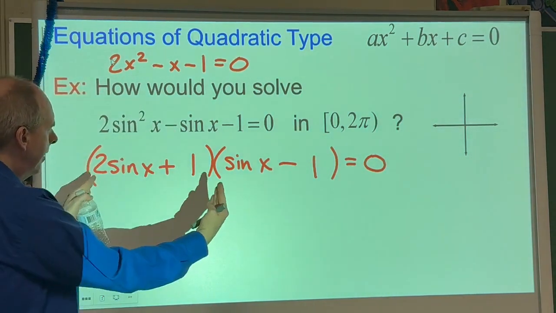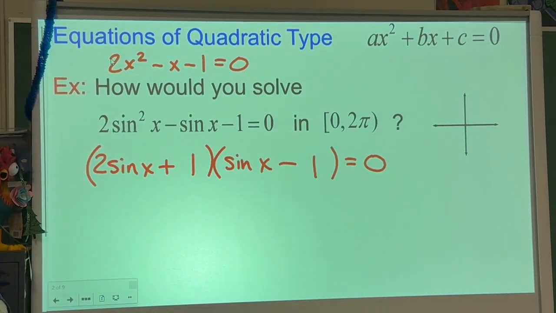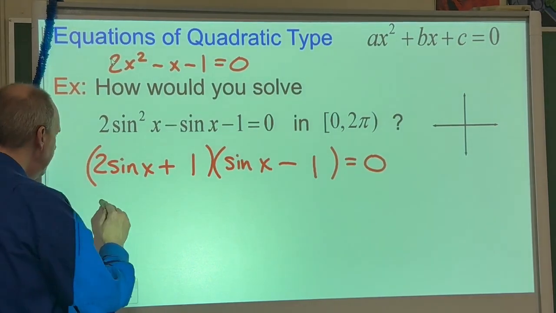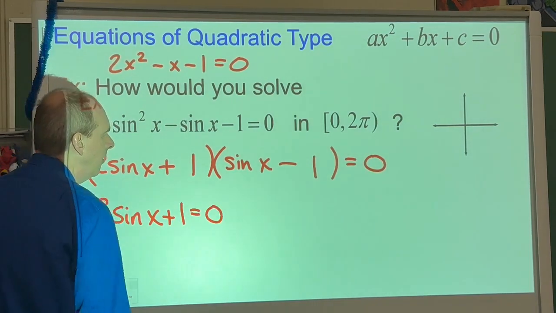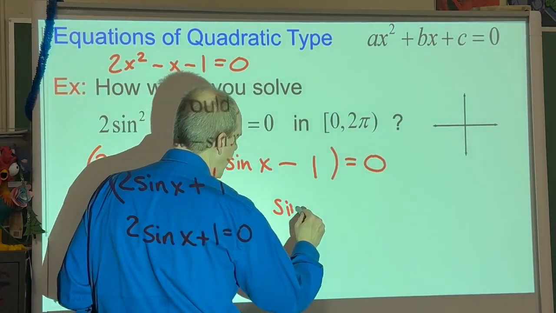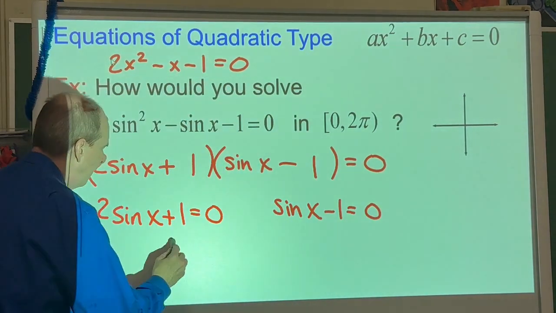What we have now is one factor times another factor that's equal to 0. And if you think back to solving a quadratic, one of the techniques is factoring. You then take each factor and you set it equal to 0. So take my first factor, set it equal to 0, and solve. Take my second factor, set it equal to 0, and solve.